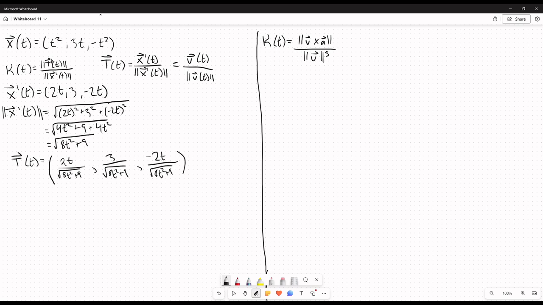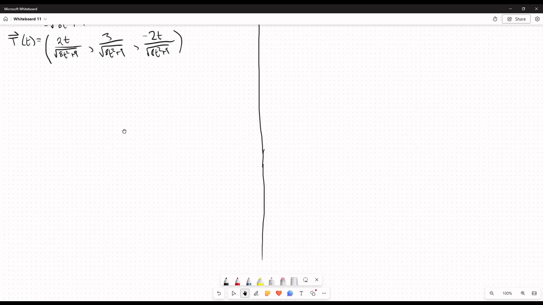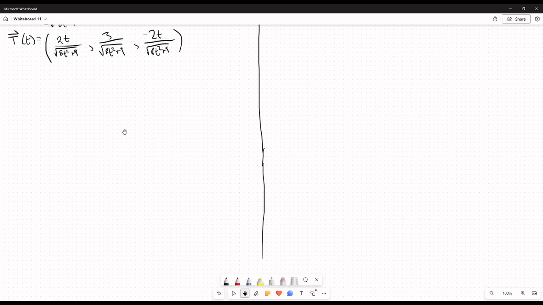Let's start by looking at the first component, which is 2t divided by the square root of 8t squared plus 9. For that derivative, we're going to need to use the quotient rule.